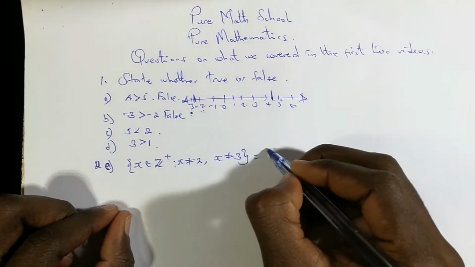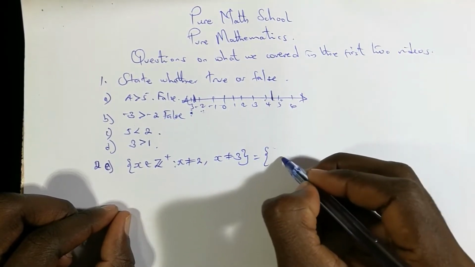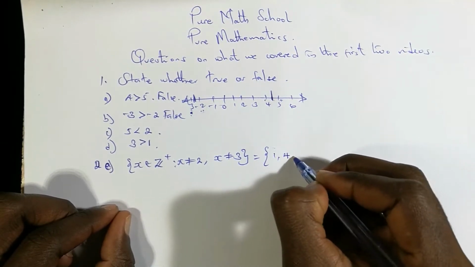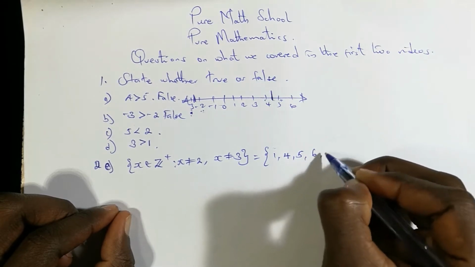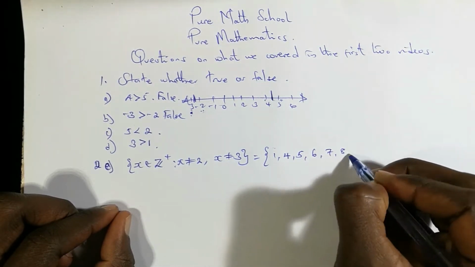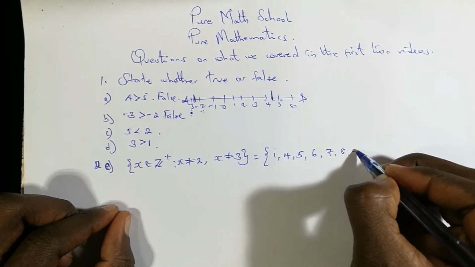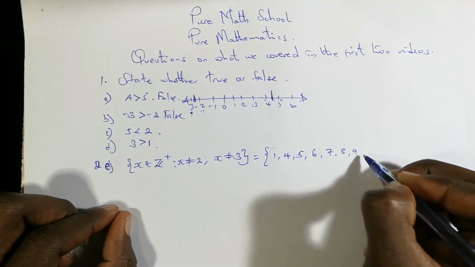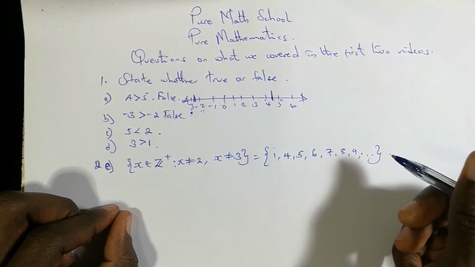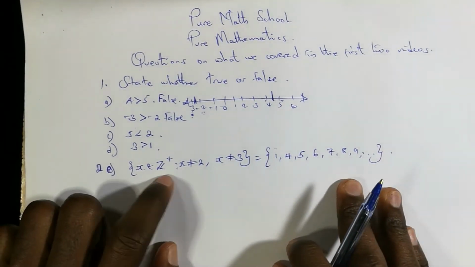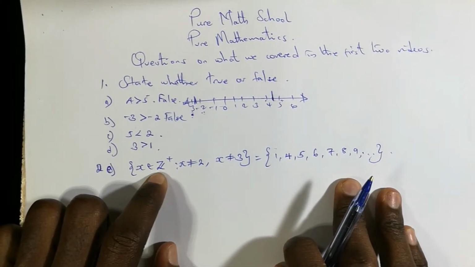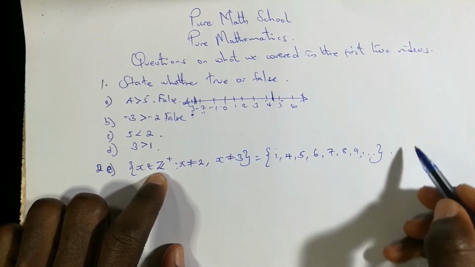In case I list the answer to that solution set as 1, 4, 5, 6, 7, 8, 9, and so on. As you know from our number line, positive integers are the same as natural numbers or counting numbers.